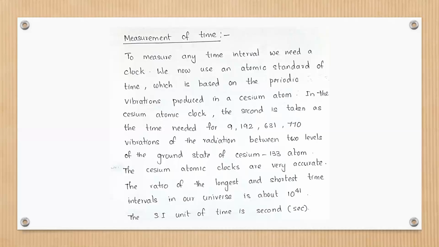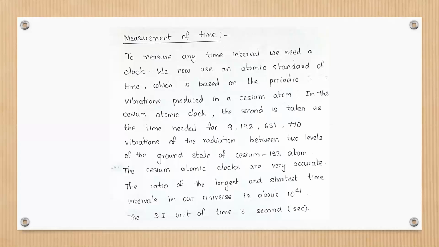Whenever the vibrations between two levels are measured, if the number of vibrations between two levels of the ground state of cesium 133 atom is equal to 9,192,631,770, then the time taken for these many vibrations is called 1 second.